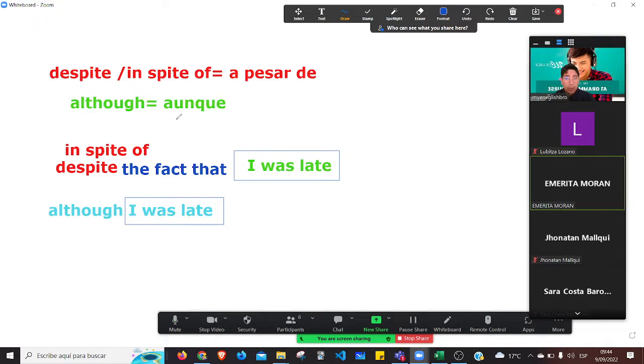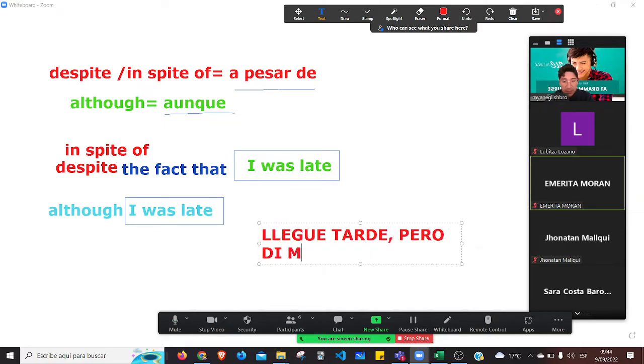¿Y cómo saber cuándo usar un despite o un in spite of y un although? Cuando tú quieras decir aunque o a pesar de, para contrastar dos ideas. Por ejemplo, tú dices, mira, llegué tarde pero di mi examen. Lo más lógico es que si llegas tarde, no des el examen, ¿cierto?